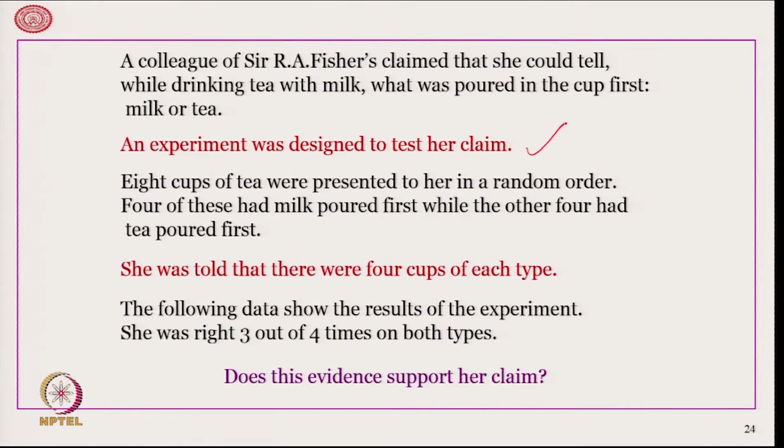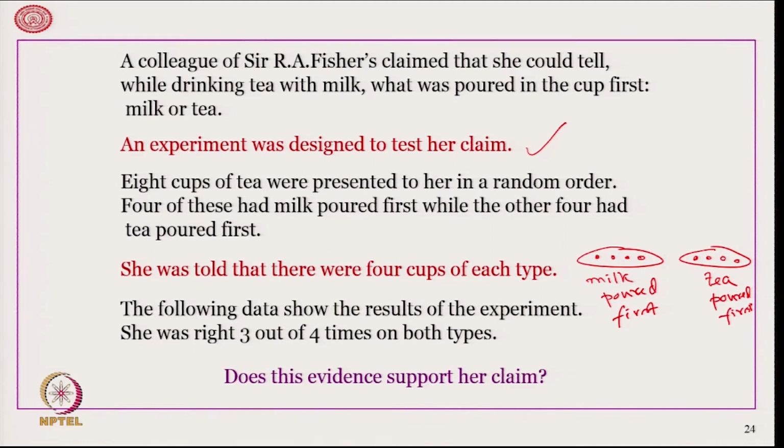8 cups of tea were presented to her in a random order. 4 of these had milk poured first, while the other 4 had tea poured first. So, these are the two populations: 4 cups where milk is poured first and 4 cups where tea is poured first.